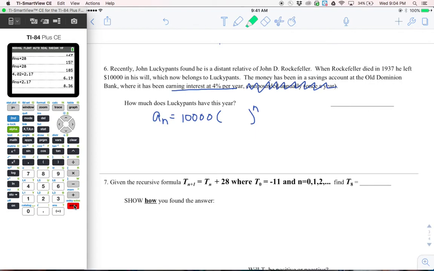The third one will be $10.53. The fourth one will be 12.7. Oops, sorry. That needs to just be a 4. 12.7. 14.87. And I'm going to go all the way to 12 just because that's what my graph has.